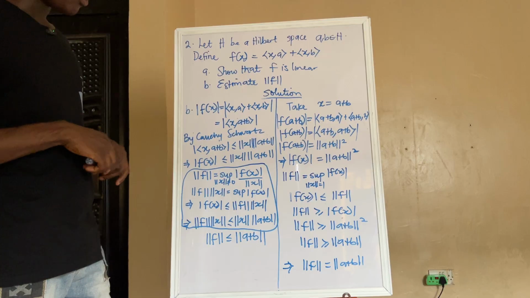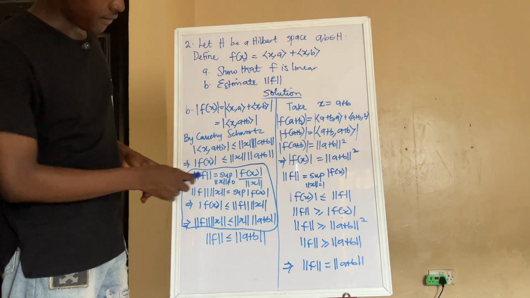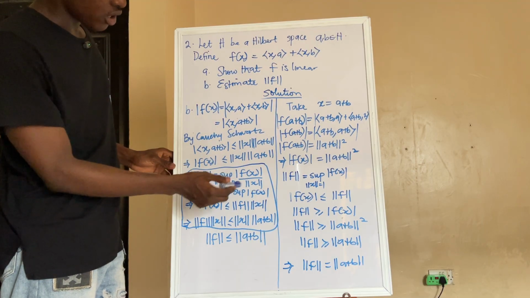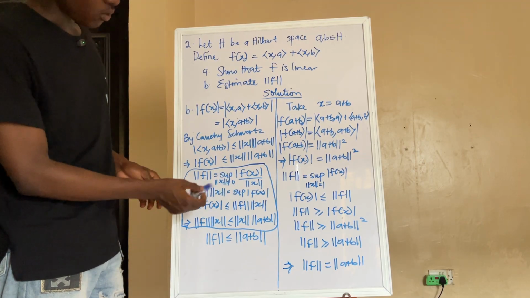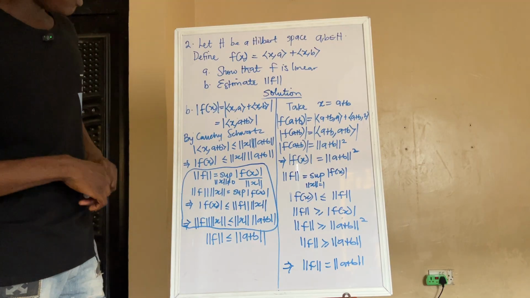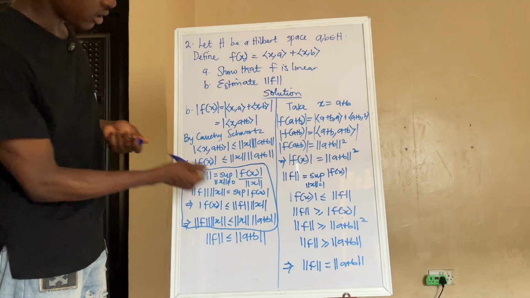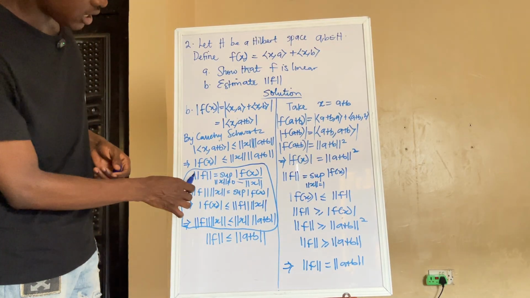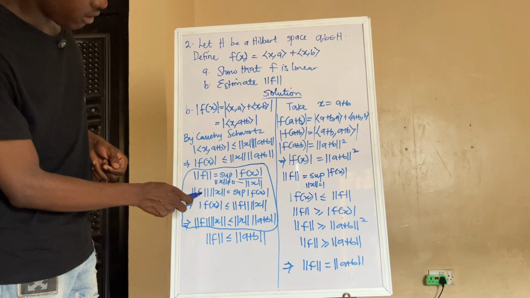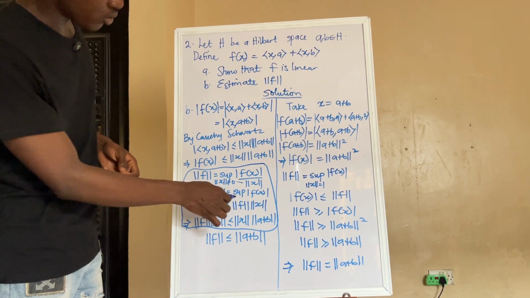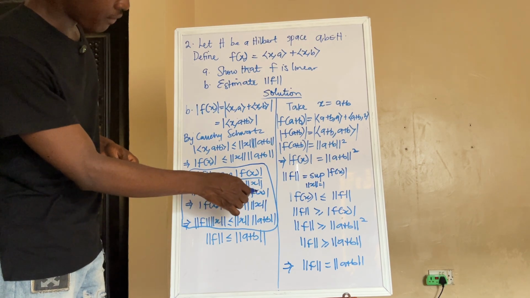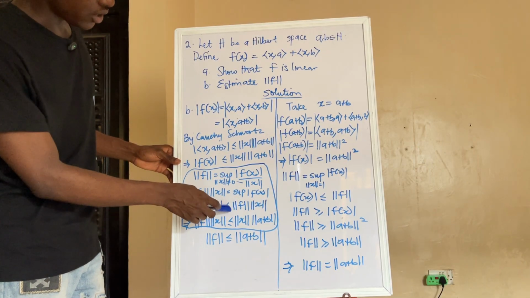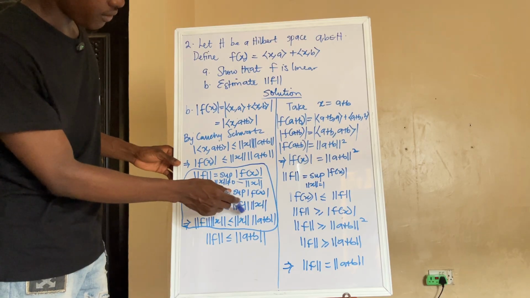So one of the definitions of supremum norm is that norm of f is equal to the sup of the absolute value of f of x over norm of x, when norm of x is not equal to 0, right? So from here, if I cross multiply, I'm going to have that the absolute value of f of x over norm of x is at most the sup, which means that f of x is less than or equal to norm of f times norm of x.